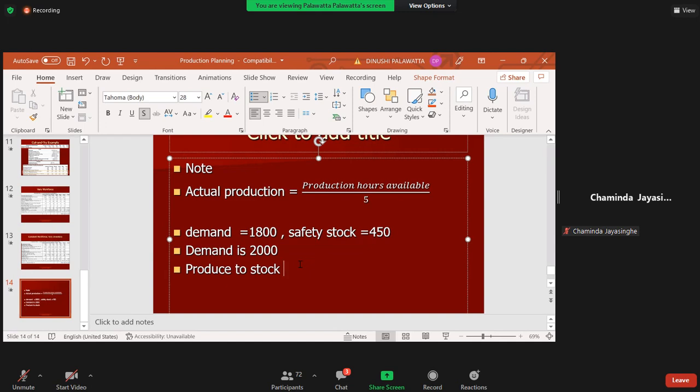So safety stock is also in this situation, once the production is in the store, and then safety stock is also in the stock.